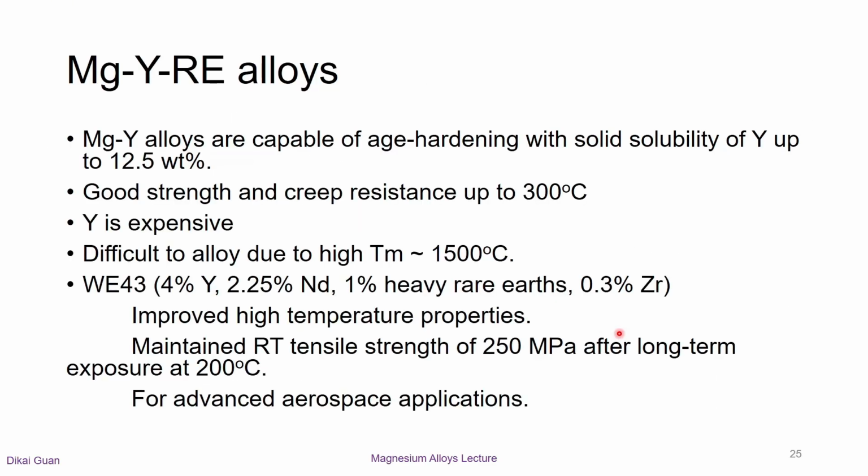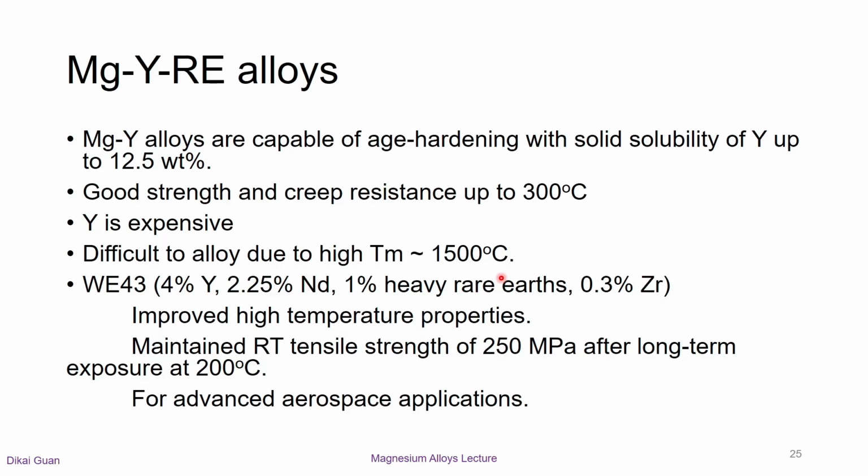When magnesium is alloyed with yttrium and rare earth elements like neodymium, these alloys have better high temperature strength and creep resistance than QE alloys, and furthermore, better corrosion resistance properties. This results in the WE alloy series.